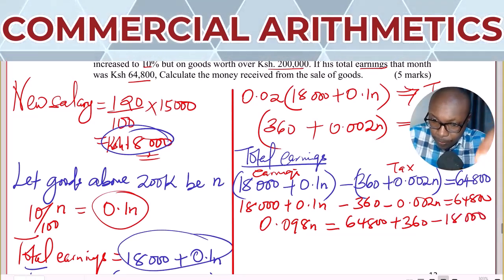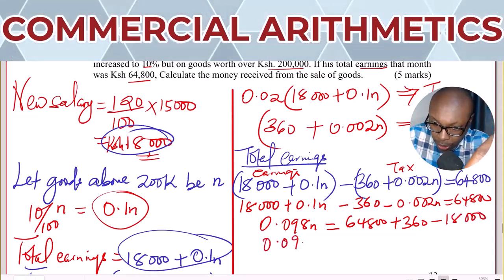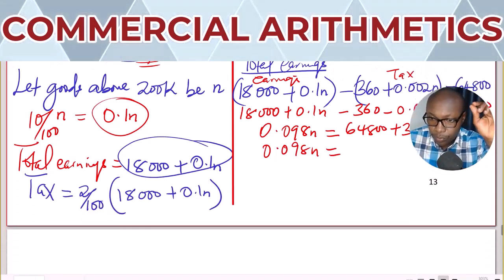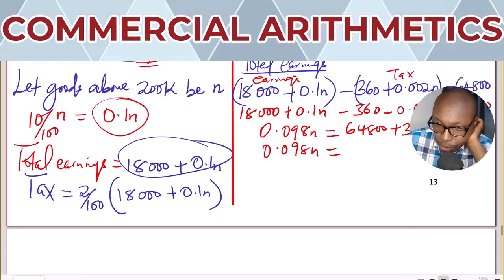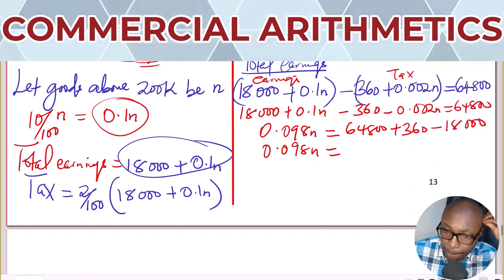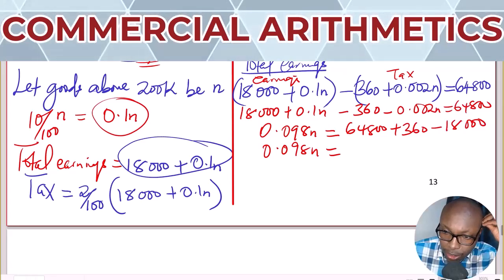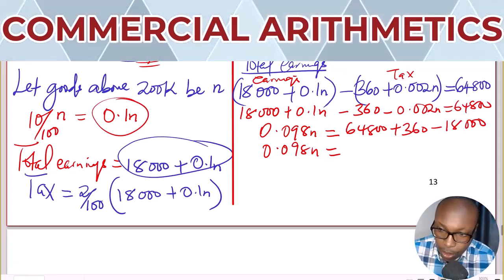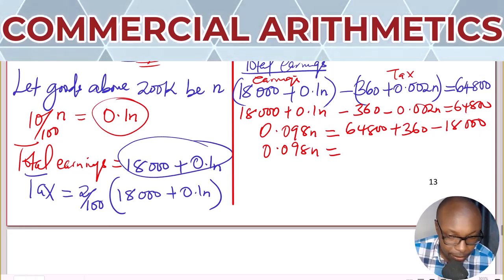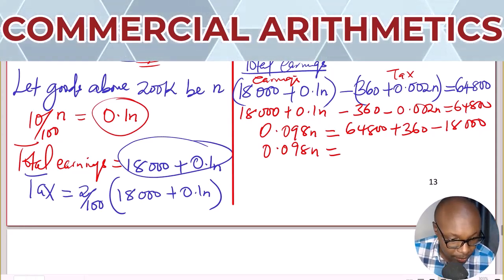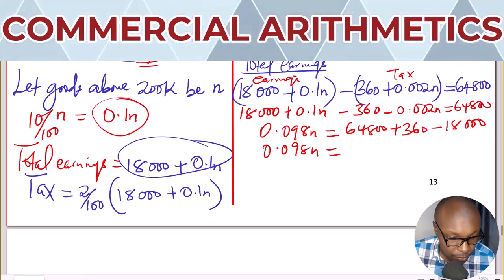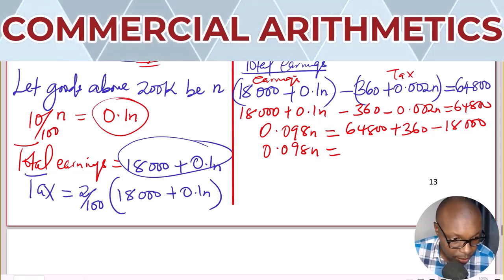So 0.098N is equal to 64,800 plus 360, and then subtract 18,000.